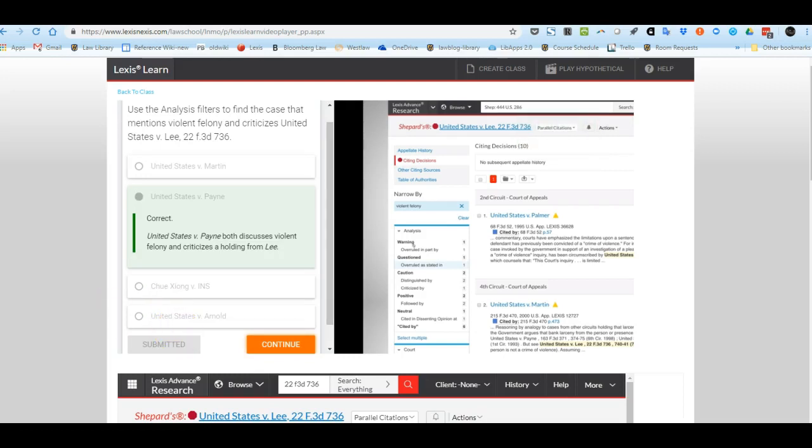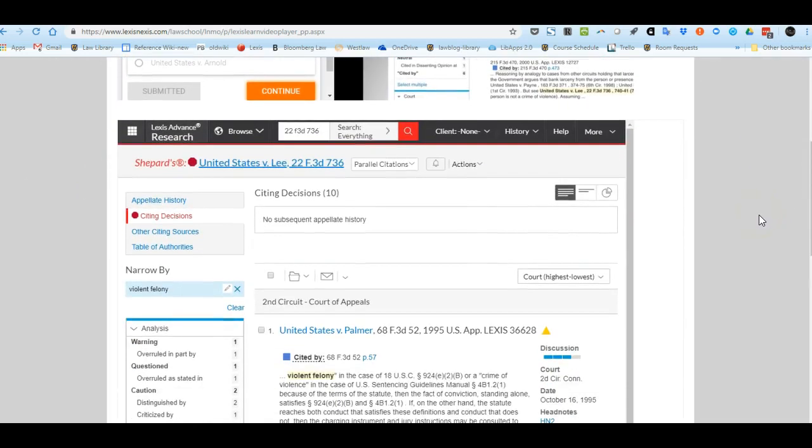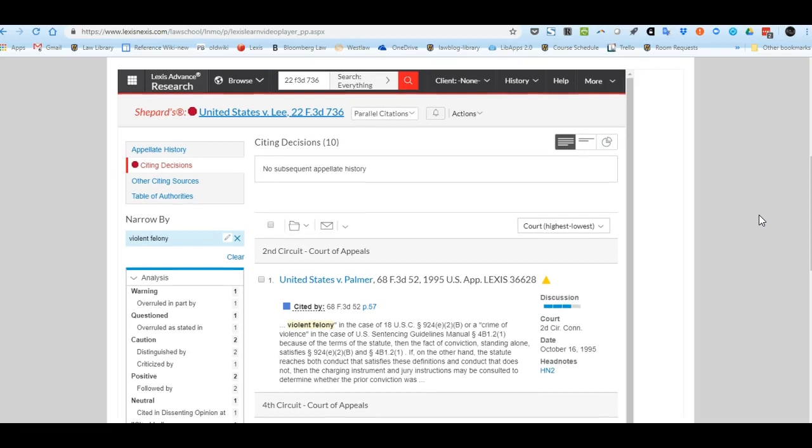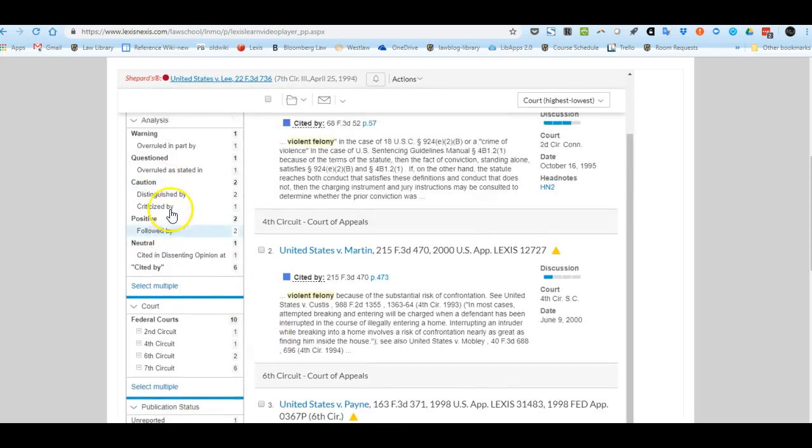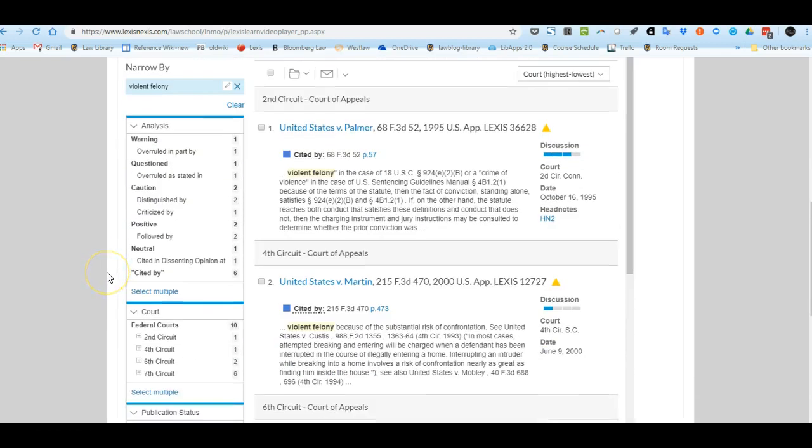Great. U.S. v. Payne both discusses violent felony and criticizes a holding from Lee. So let's go down, and we got there how? Well, we did something similar to before. You scroll down to search for the results. Okay, I already did that.